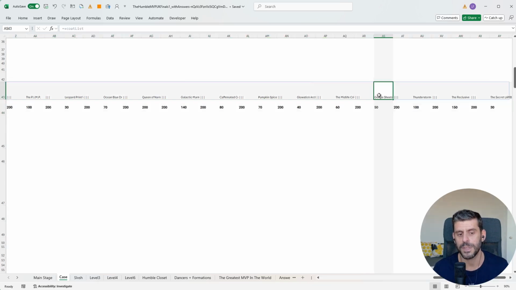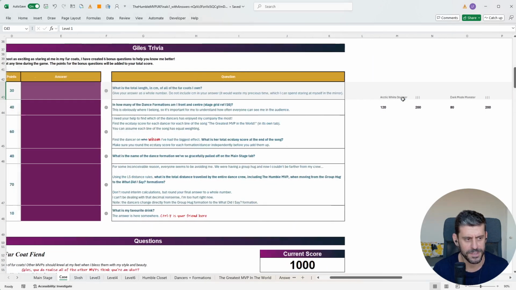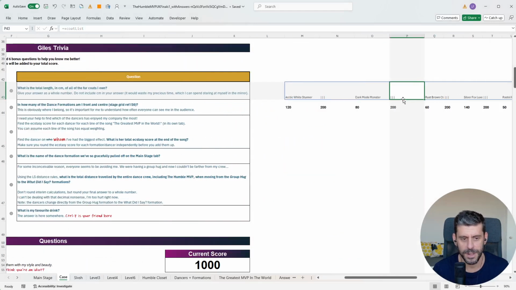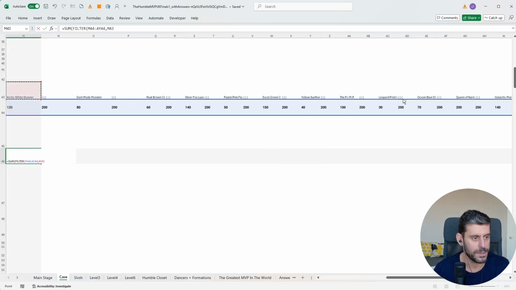Then Will was seated near to me. He said, 5,000? What is that? We double checked, and I felt really stupid. So it's actually a sum of filter of this, where this is not this.